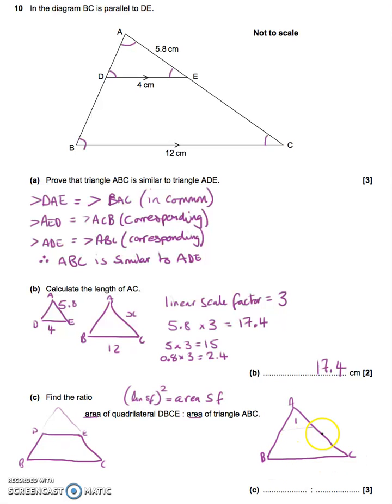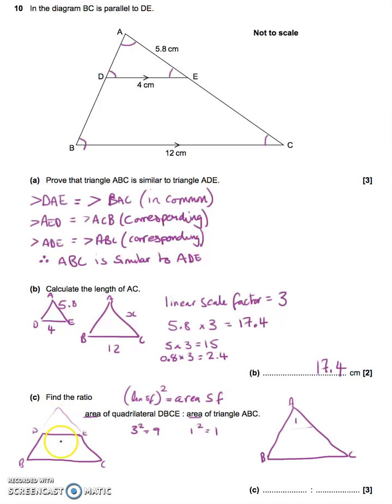And this is 3 times bigger, so that would be 3 squared. So this whole thing would be worth 9 units. 3 squared equals 9. 1 squared equals 1, right?